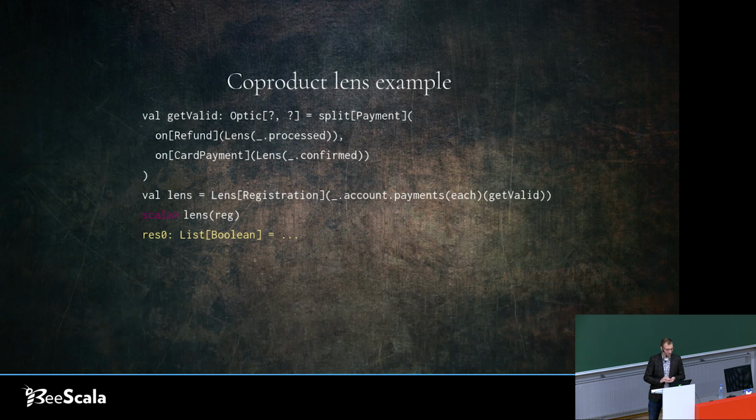This will get the values. It's a list of Booleans. And we could set processed true for all of the refunds. We could set confirmed true for all of the card payments if that was what we wanted to do, and get back a registration.